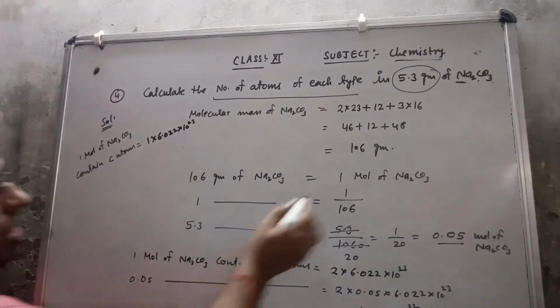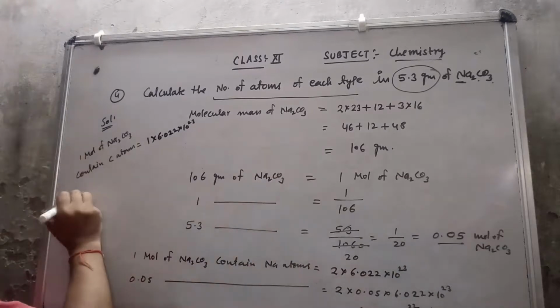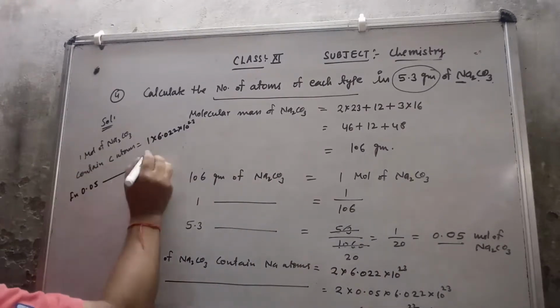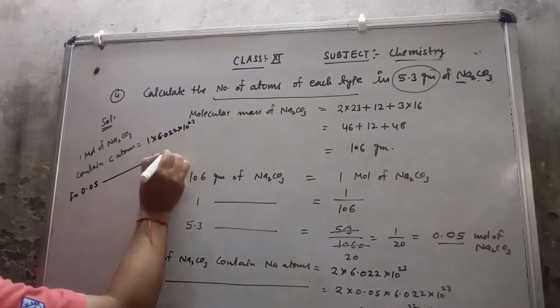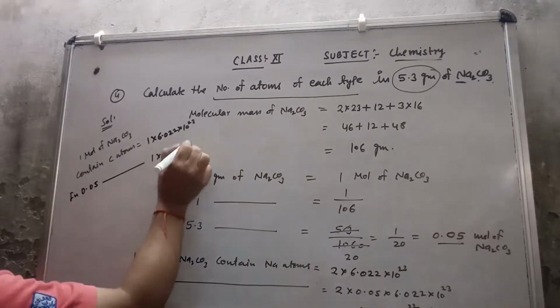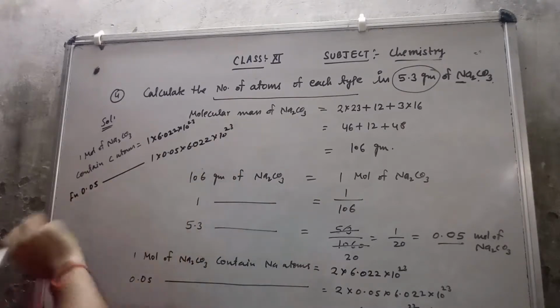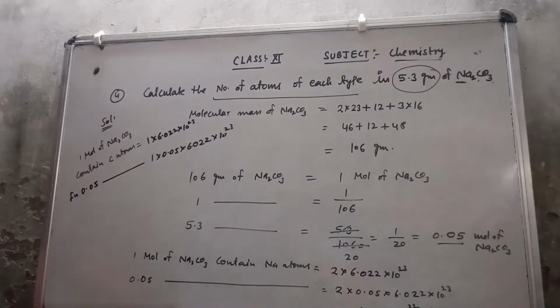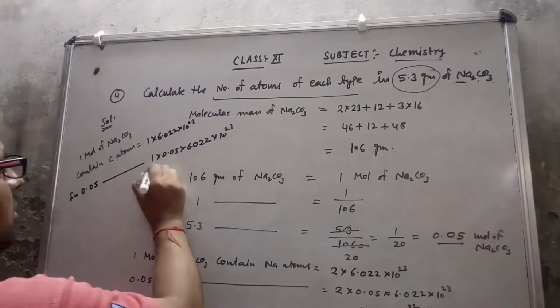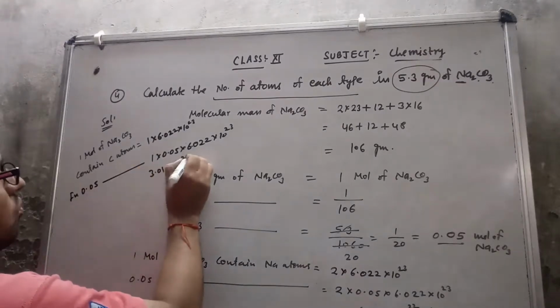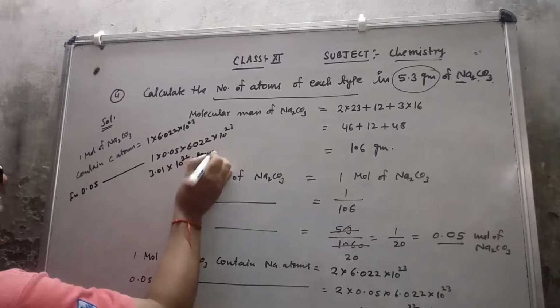They are asking about 0.05 mole, so 1 multiply 0.05 multiply 6.022 into 10 raised to the power 23 atoms. If you multiply it, you get 3.01 into 10 raised to the power 22 atoms.